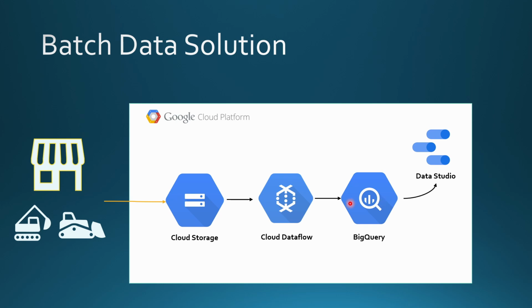But if there is no ETL, they can as well dump the data to BigQuery directly. Either way, the data finally goes to Data Studio, and their BAs will analyze the data from Data Studio.